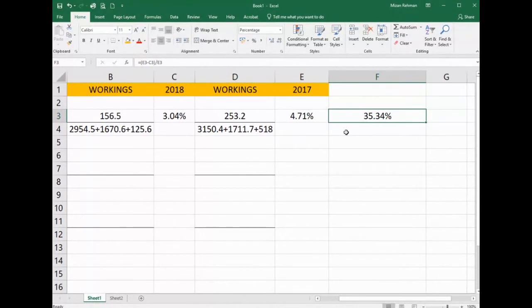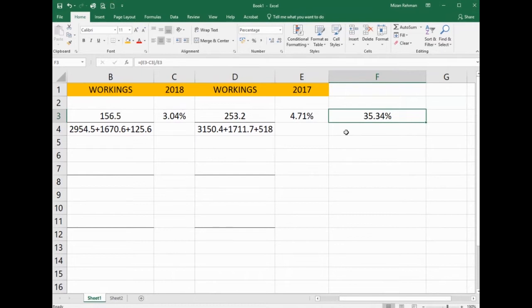What next to be done after doing this? Obviously, this is basic. The next thing you would do is pick up a competitor and calculate ROCE for that, and then make the comparison and see how your company is performing in comparison to a competitor or industry averages.